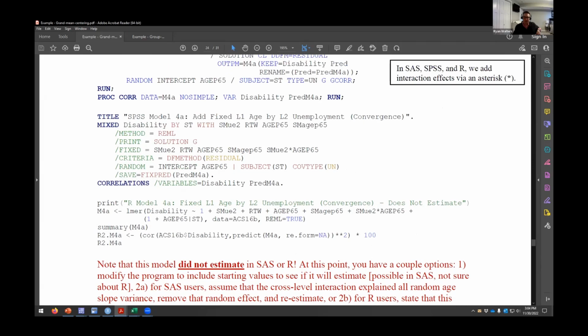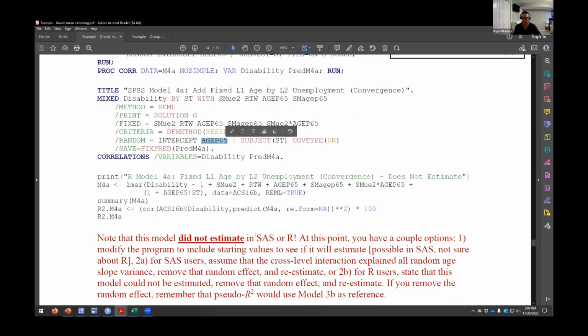The reason could be that this interaction effect actually explained the entirety of that random slope variance, meaning that you explained 100% of it, and that effect then became 0. And the model will never estimate if the random slope variance is 0. So I would then remove random age from the model and move forward.